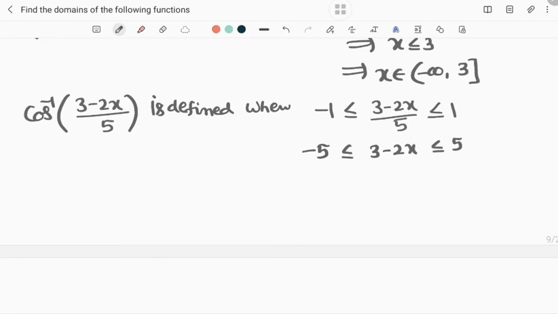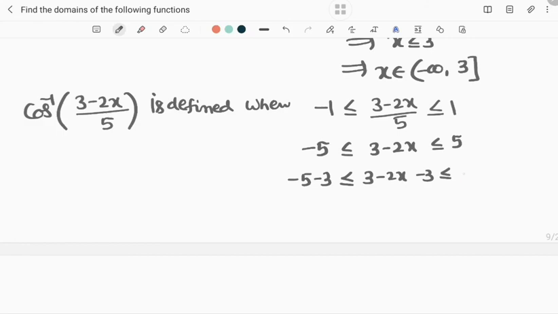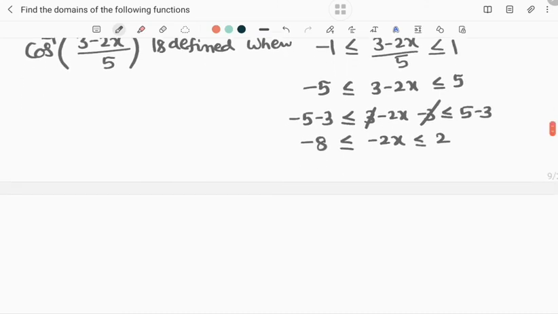So every term is multiplied by 5. After that I want the x value now. Subtract every term by 3. So minus 8 is less than or equal to minus 2x is less than or equal to 2. All are multiples of 2, so first dividing by 2: minus 4 is less than or equal to minus x is less than or equal to 1.